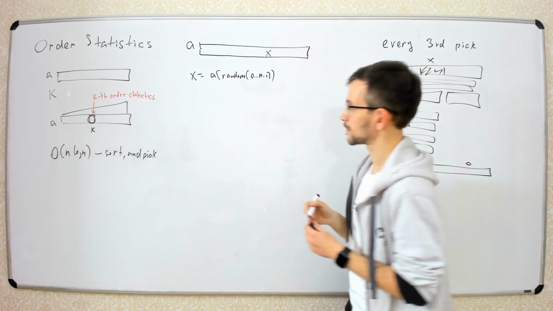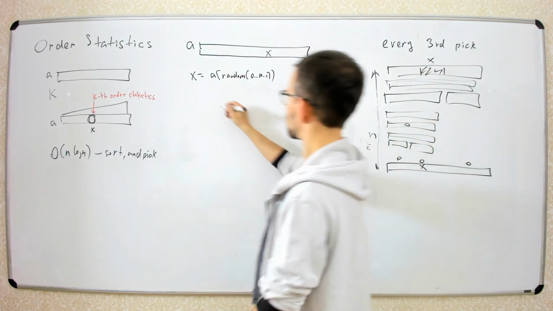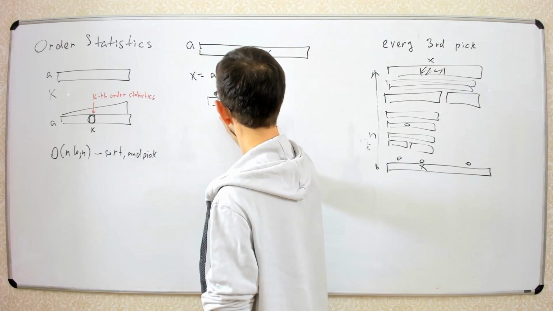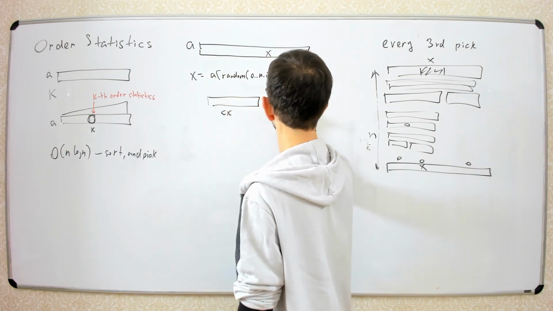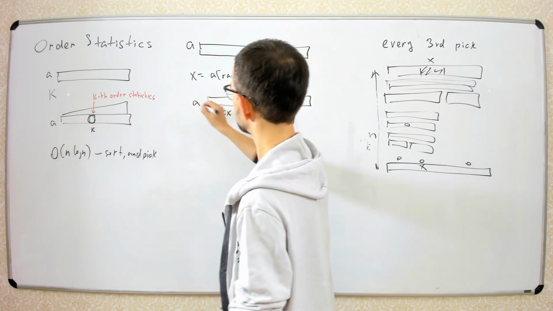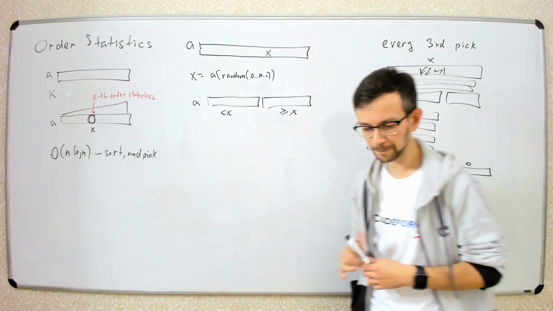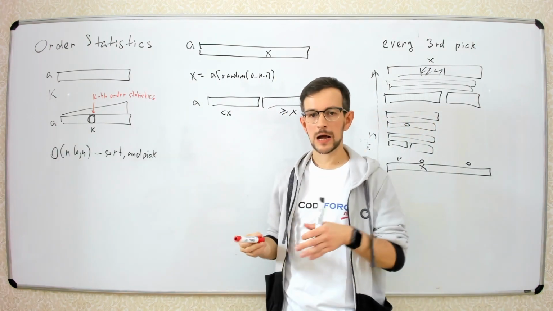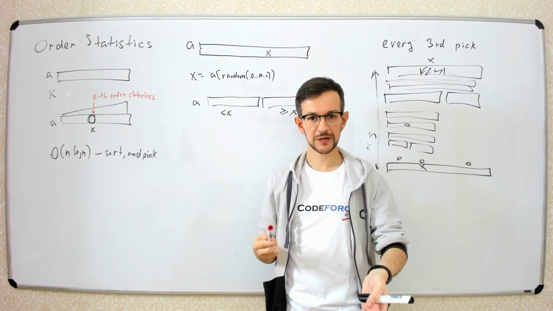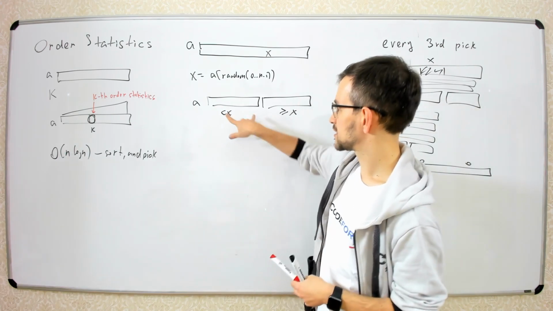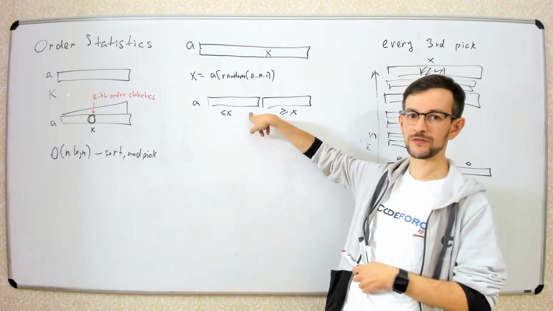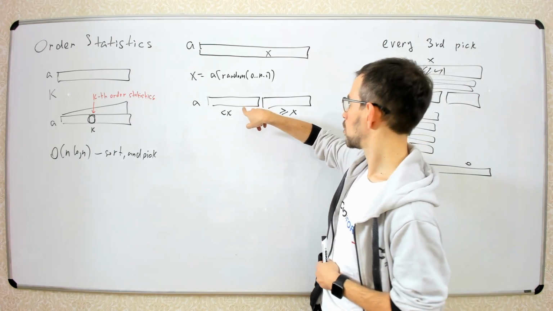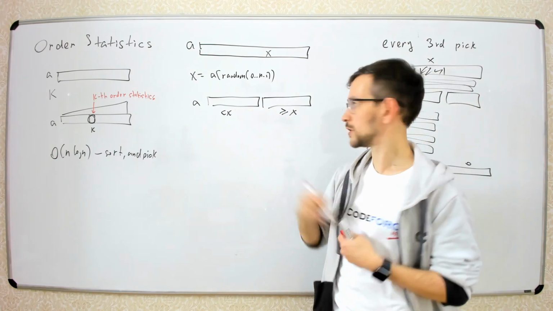Pick this element x and split the array into two parts: less than x, and greater than or equal to x. Now let's look at where the element of index k is. If k is less than the size of the left part, then we only need the left part.